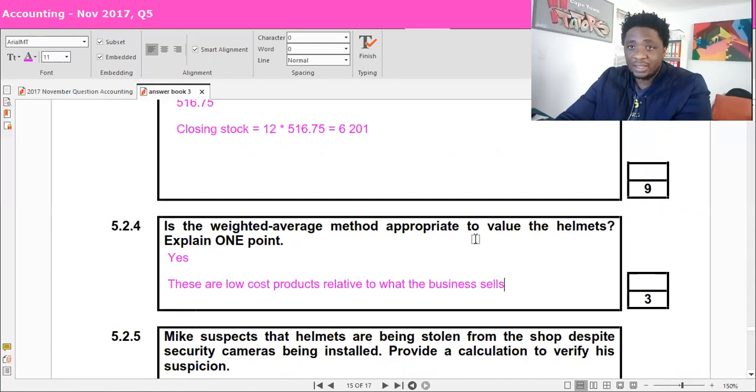Because the other thing they're selling, those motorbikes, cost around 24,300. If you're going to specifically identify those ones which were worth 24,300, how much work would you have to do to identify the ones that are costing 500 and there's like 75 units that you bought? So for that reason, these are low cost relative to what the business sells, and therefore it's fine that you use the weighted average method.